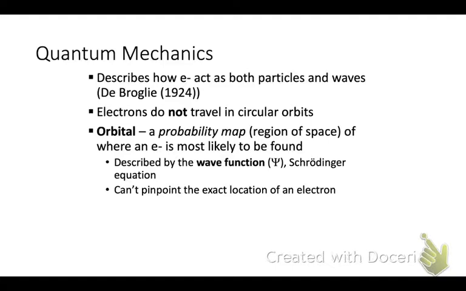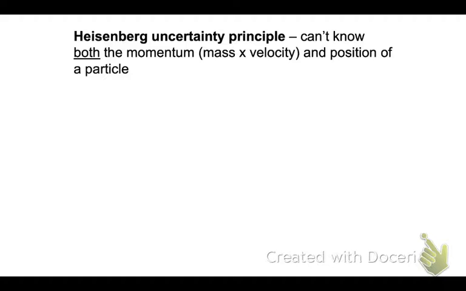So what we also learn from quantum mechanics is that we can never pinpoint the exact location of an electron. We can never say where the electron is or going to be found. We can only talk about the probability of where it will be found. And again, remember, orbitals do not have definite boundaries. They are probability maps.